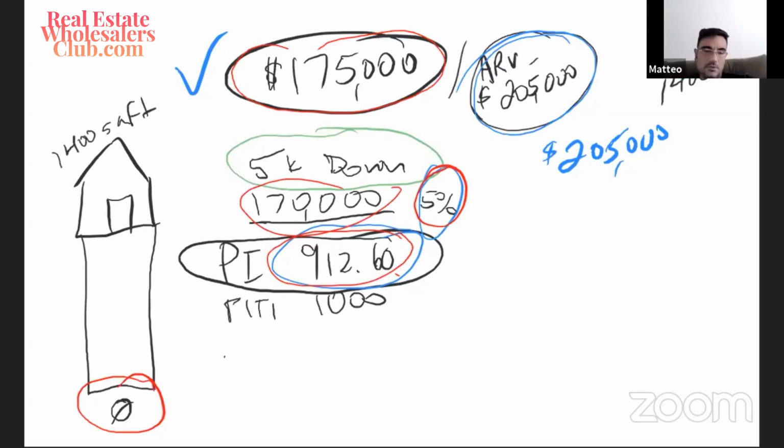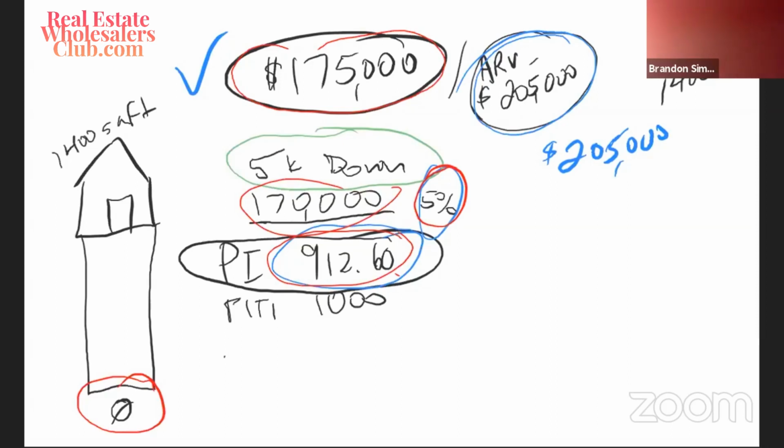So hold on a second. I want to make the math easy. So what is 205 minus 170? 35,000.